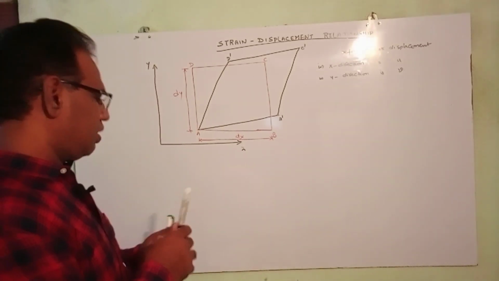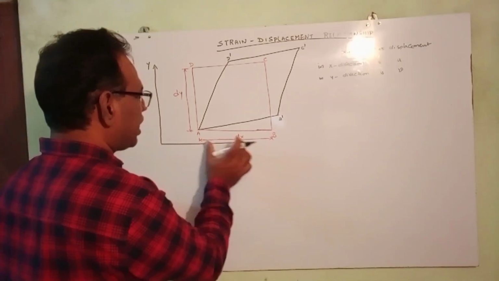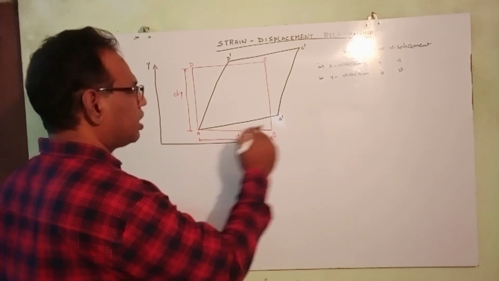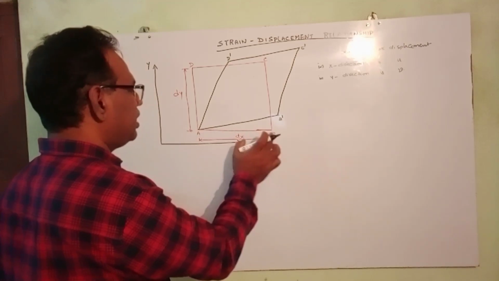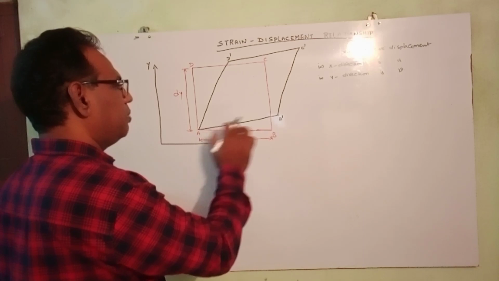Now what is the deformation in the x direction? With the elongation of this element, the dx will change. The original length of AB is dx. After the deformation it will become AB dash.